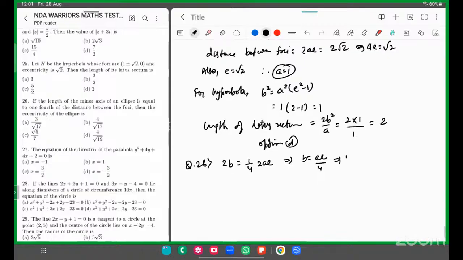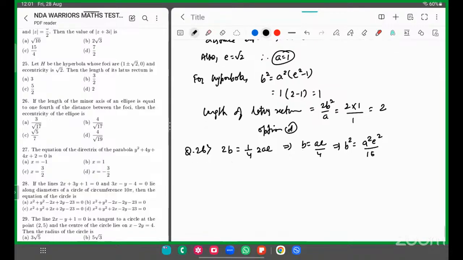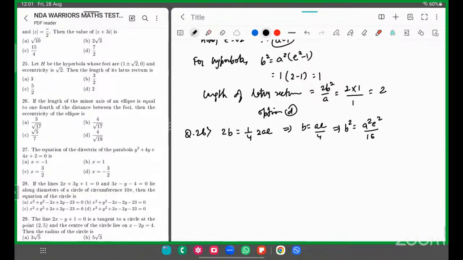Then we can also say that b square equal to a square e square by 16. What is the formula for the eccentricity of the ellipse? b square equal to a square in bracket 1 minus e square. So in b square we can put a square e square upon 16 equal to a square in bracket 1 minus e square.